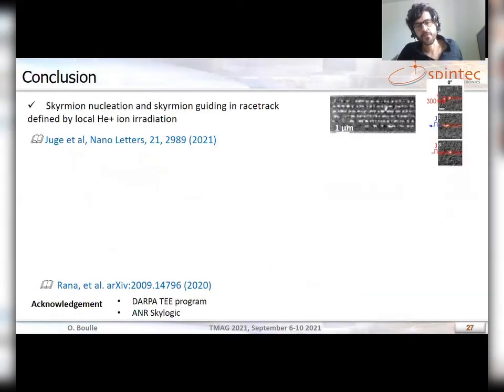And so this concludes my talk. In this talk, I have shown different approaches to manipulate magnetic skyrmions in racetracks. Firstly, I have shown that skyrmions can be nucleated and guided in racetracks using local helium-ion irradiation, which allows us to get rid of the skyrmion Hall effect.